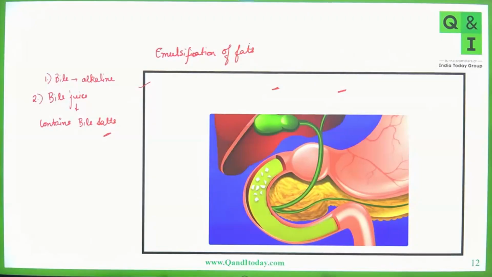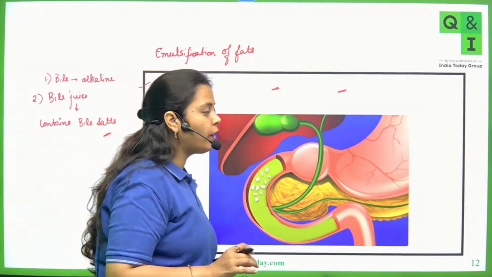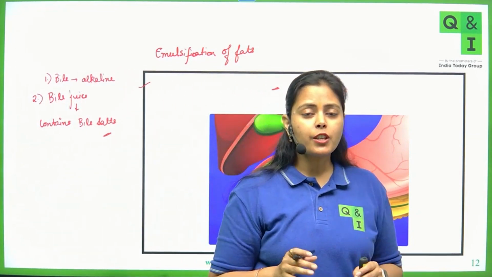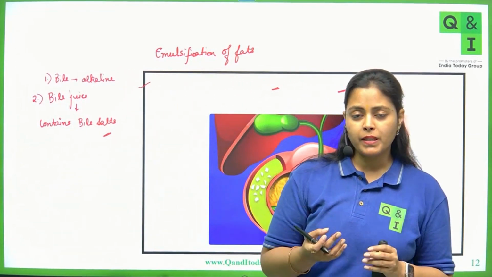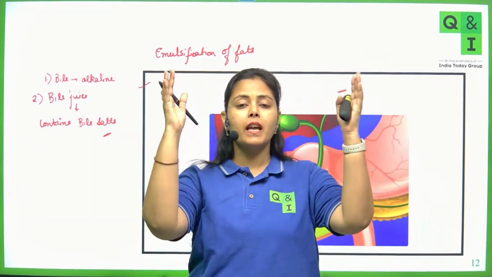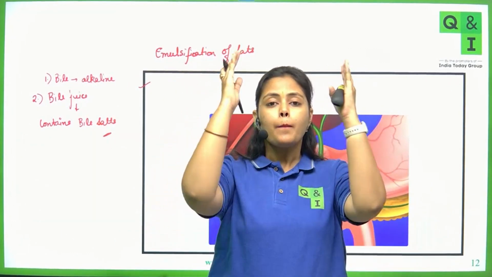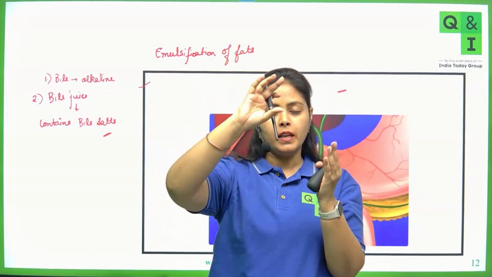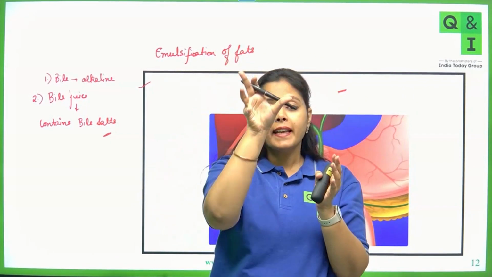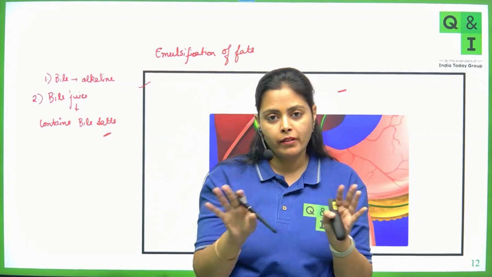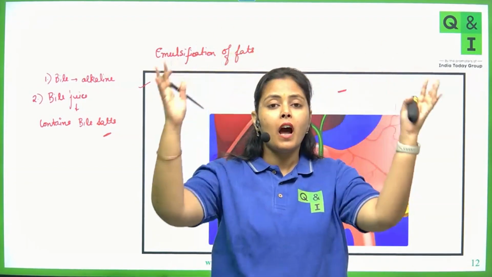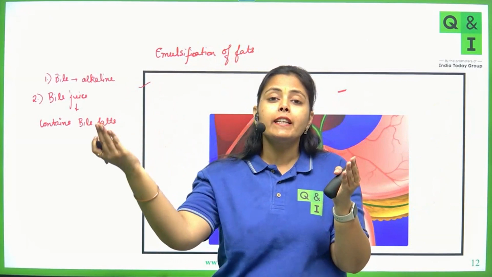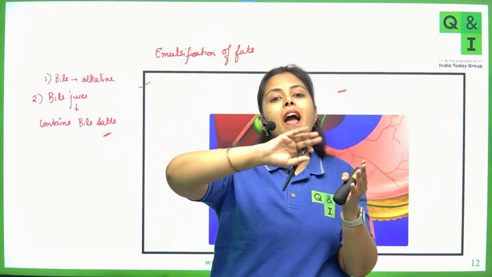Now, students, to emphasize this particular function, emulsification of fats: bile salts are breaking down the large fat globules into smaller pieces. It is not acting on it at the molecular level. It is just breaking the large fragment of fat into smaller fragments so that lipases can act on it.